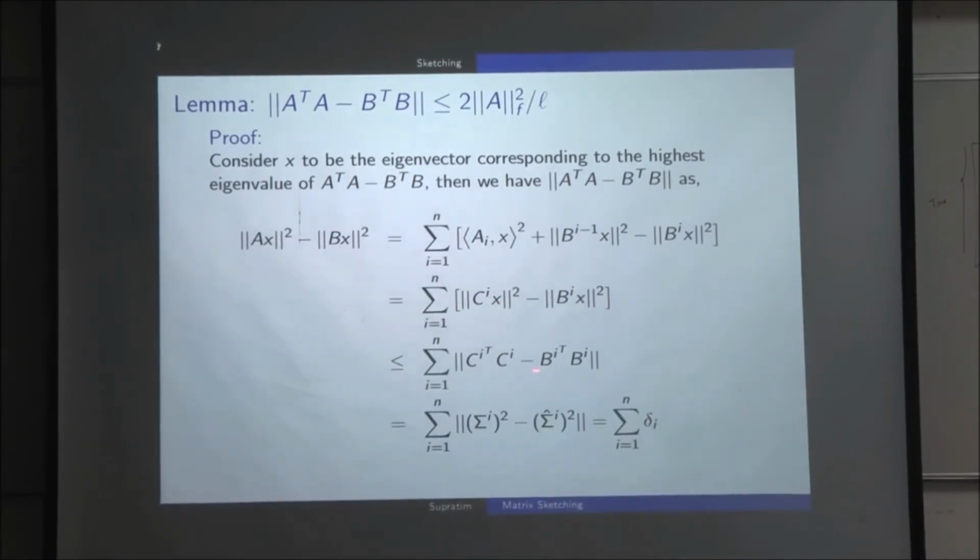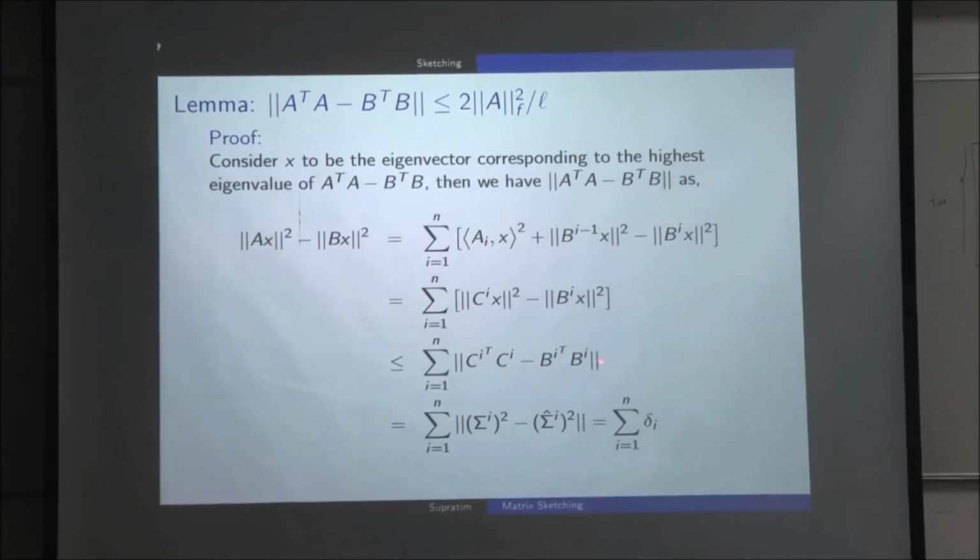Once we had this C matrix, we were doing the shrink operation because our sketch matrix was full.